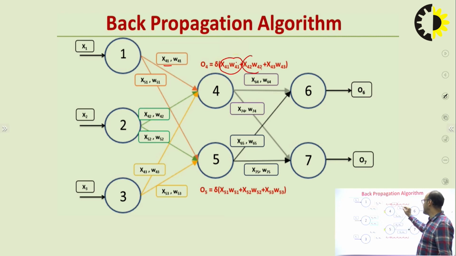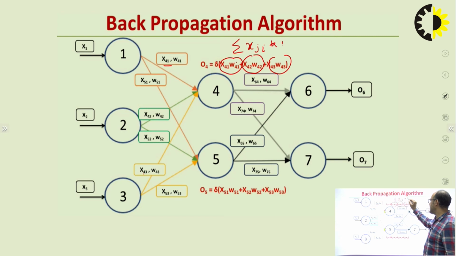This is the second addition, plus x43 multiplied by w43, the third one. So we will do the summation like this, xji multiplied by wji. In expanded form, I have put the value here.